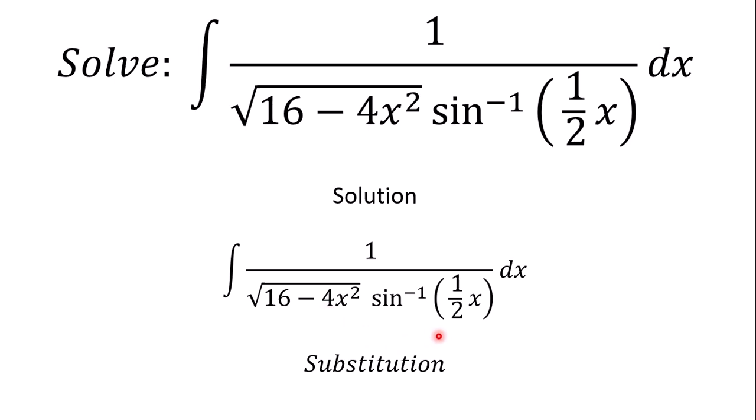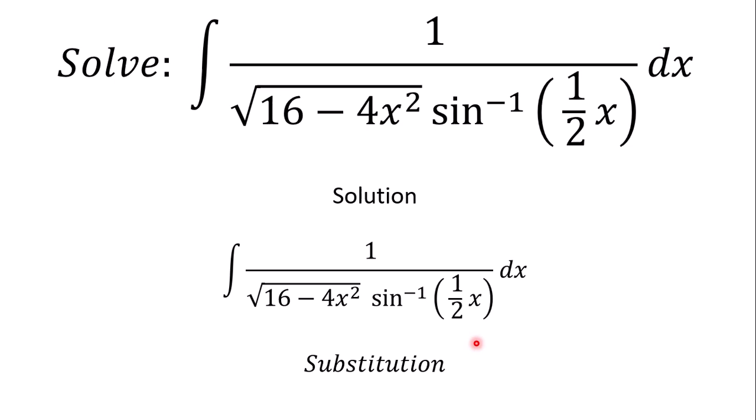Okay, so here I'm going to first take off this one, because you can also let u be equal to the whole of sine inverse of 1 over 2x, provided you can deal with the derivative.